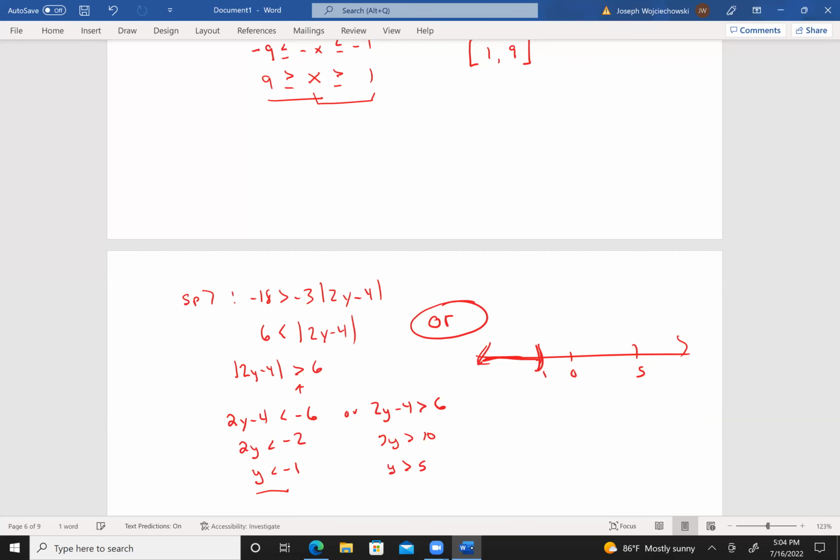That's this part here. This is saying greater than 5, but not equal. So that's our solution. Interval notation: -infinity to -1, not including -1, union with 5 to infinity, not including 5.